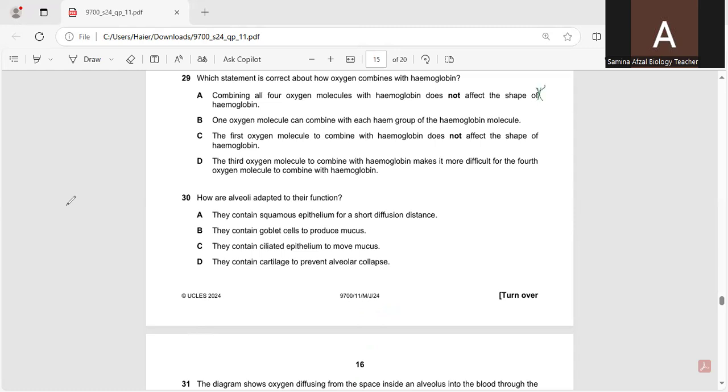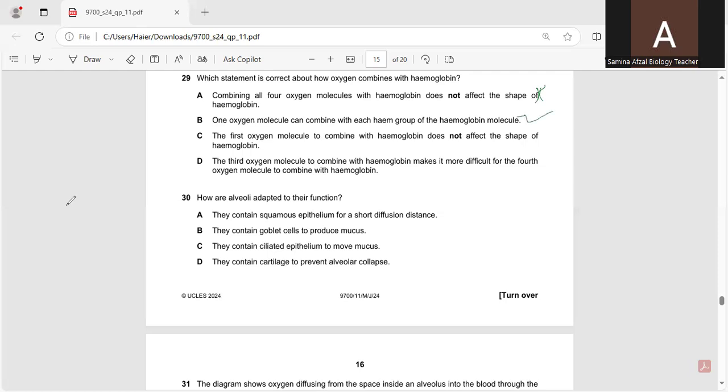It is very difficult when they combine with the heme. So their combining capacity is changed when the first oxygen combines with it. One oxygen molecule can combine with each heme group of the hemoglobin molecule. It is the correct option.